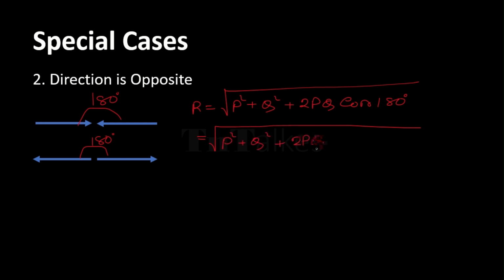Cos 180 degree means minus 1. So we can write P minus Q whole square. That means R equals to P minus Q. So this is the lowest value, so we write R minimum.